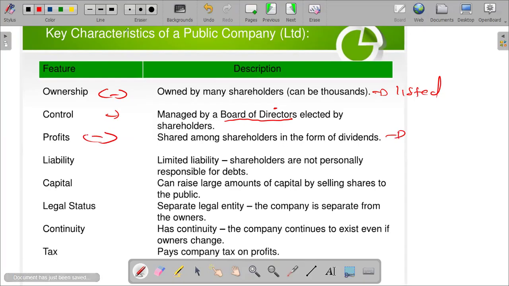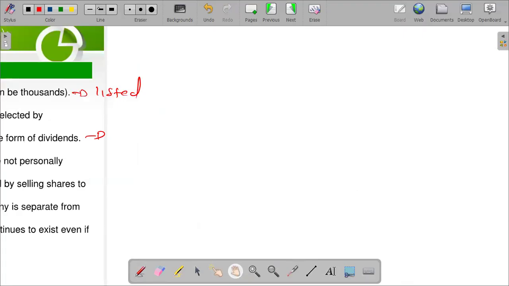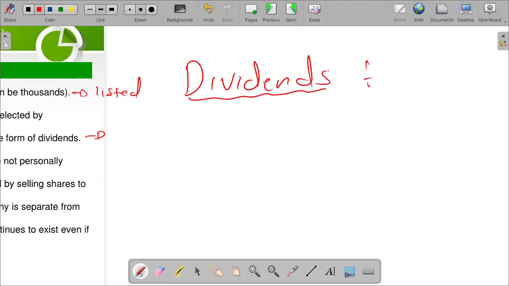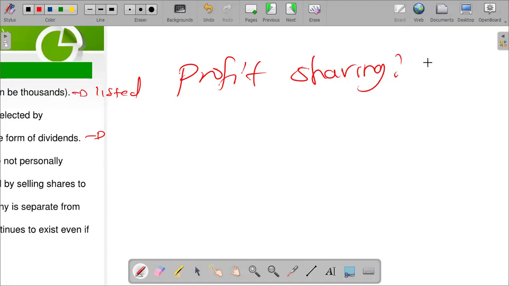So, let's dive in. What are dividends? Before we talk about dividends, let's talk about profit sharing in a private company.